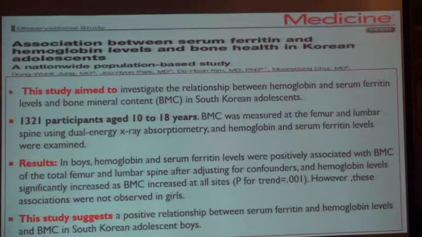Very interesting study also published in Medicine in 2017, where they investigated the relationship between the hemoglobin, ferritin, and bone mineral density in Korean adolescents, their age range here from 10 to 18 years. What did they find? They found a positive relationship between the serum ferritin, hemoglobin, and the bone mineral content in the adolescent boys, but not in girls.